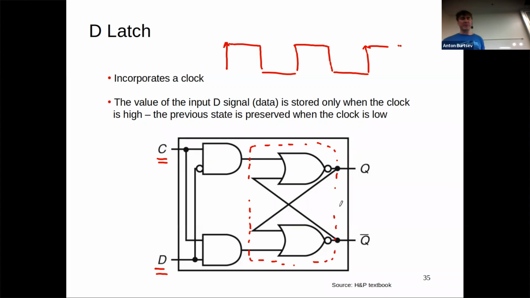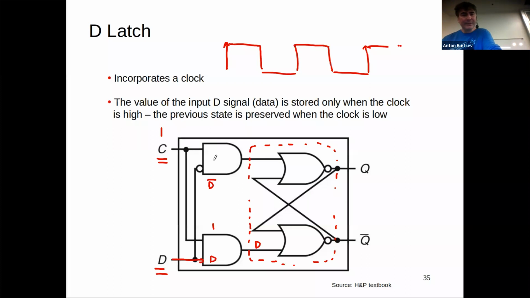So let's see what happens when the clock is high. When the clock is 1, we're providing D in its straight form here, and this is inverted D, right? So if the clock is high, then this one is D and 1. D and 1 is what? Remember the laws, so this will be D.